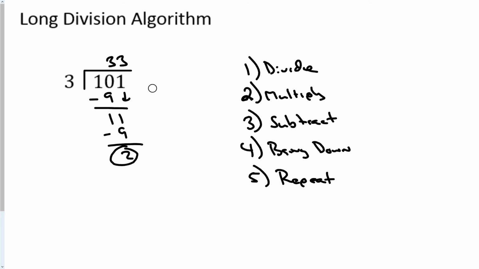With polynomials, we're not going to do that. We're just going to list the remainder, and we're not going to put a little r for remainder. We're going to list it as a fraction, the remainder over the divisor. Okay, and that was the long division algorithm. Divide, multiply, subtract, bring down, and then repeat.